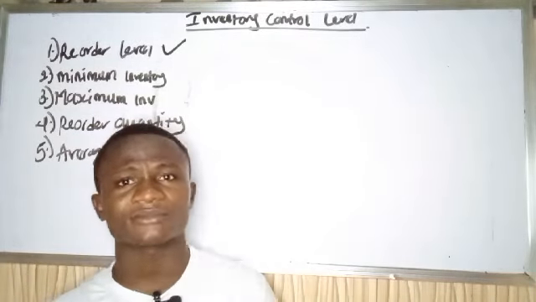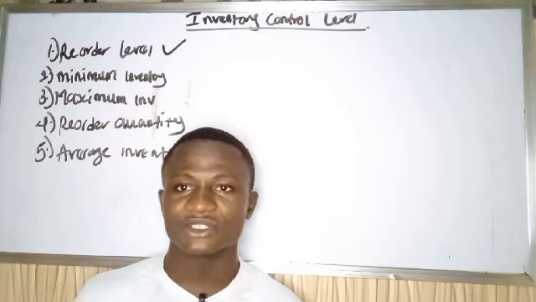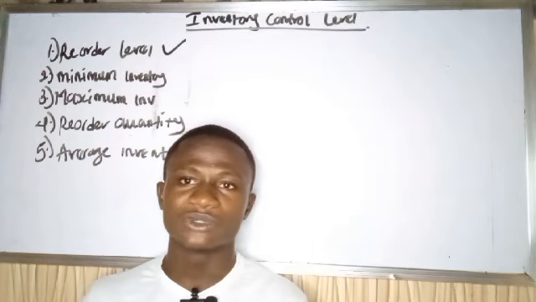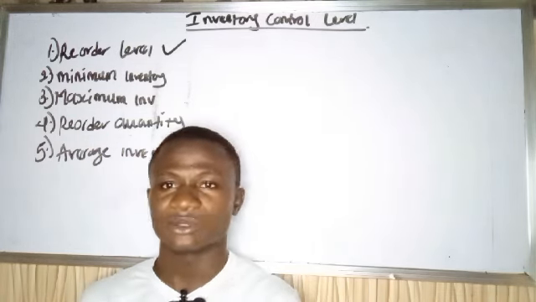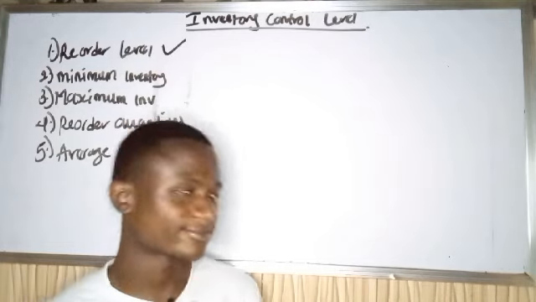There are two factors that affect reorder level, and it is those factors that will form the formula for calculating reorder level. There are two factors, and let's see if you agree with me.